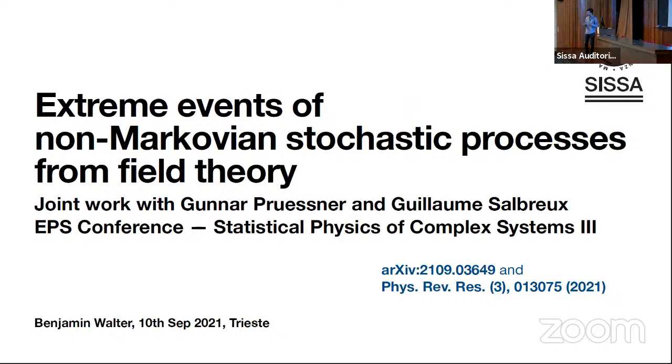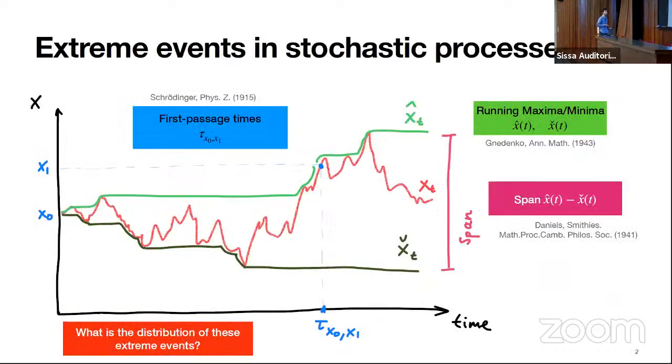Okay, before getting into the details, I would like to explore a bit what I mean when I say extreme events. It's not a very trademarked expression. So for that, I drew a little sketch. In red, you can see a one-dimensional continuous stochastic process.